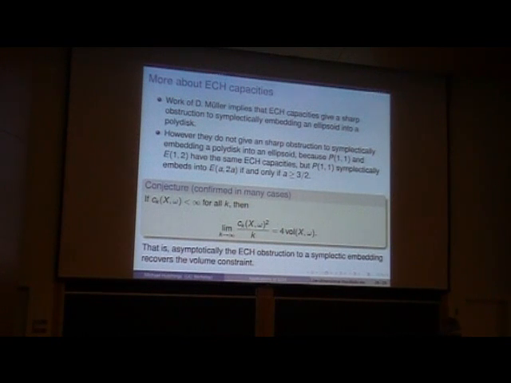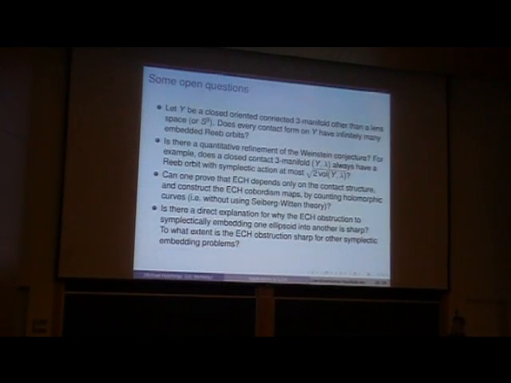Okay. So to conclude, here are some open questions, some of which I touched on before. First of all, as I said, it's an open question whether, if you have a contact form on a three-manifold other than a sphere or lens space, there have to be infinitely many embedded Reeb orbits. Another way you could try to generalize the Weinstein conjecture is to say, can I prove that there's a Reeb orbit with an explicit upper bound on its action?